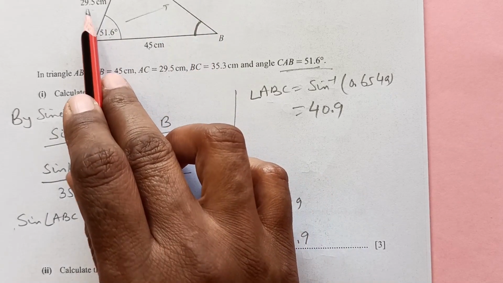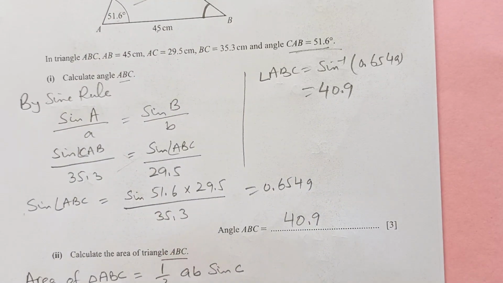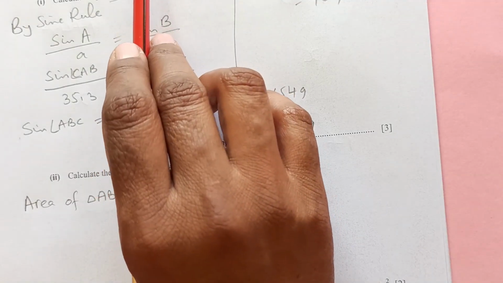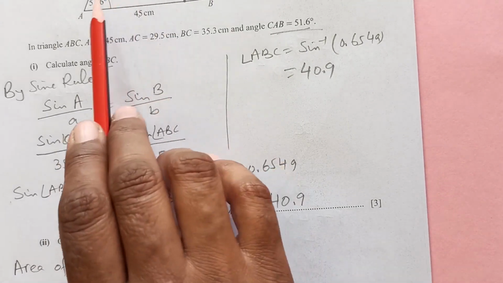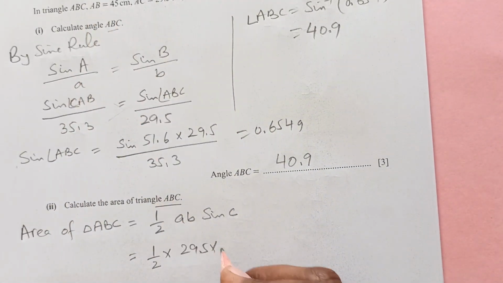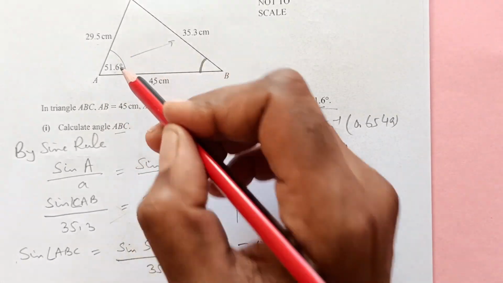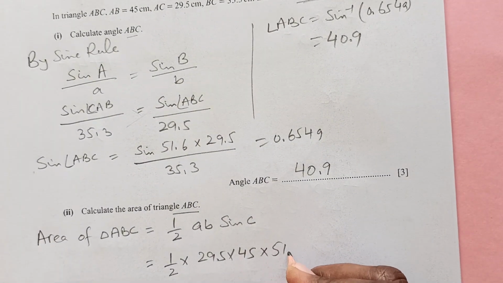So I'm taking this one, A is, let's say, 29.5 and B is 45, and then sine C. The angle included is here, 51.6.